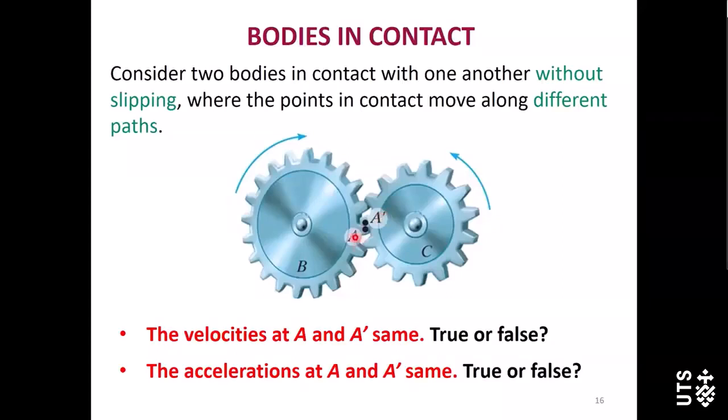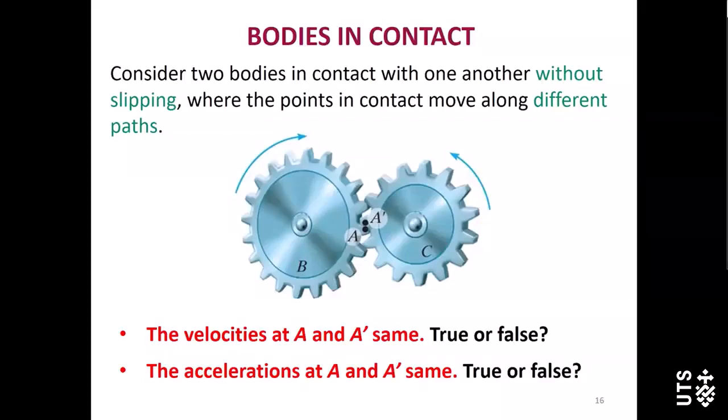The first question: the velocities at point A and point A prime, are they the same or not the same? Another question: the accelerations at point A and A prime, are they the same or not the same?